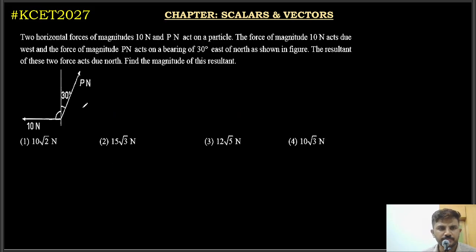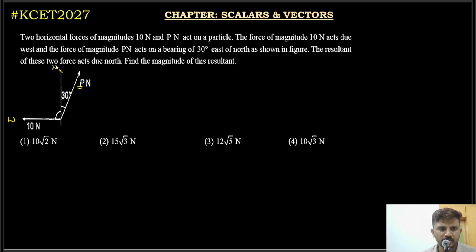Next we have two horizontal forces of 10 Newton and P Newton acting on a particle. The force of magnitude 10 Newton acts due west. So that is given here. This is P Newton, 10 Newton acts towards west. And P Newton acts bearing 30 degree east of north.